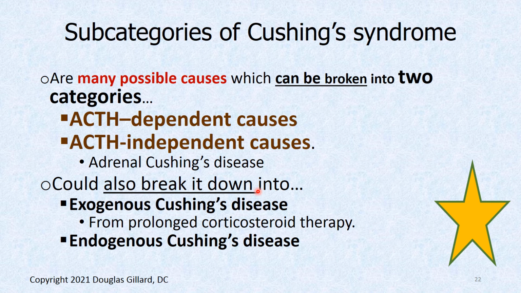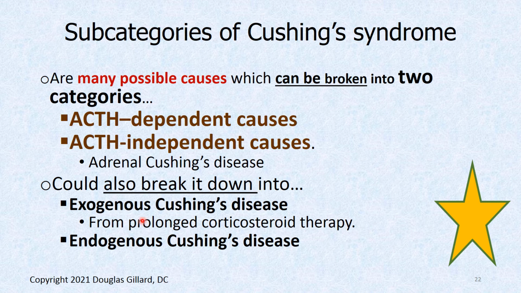ACTH-dependent means ACTH is driving the condition. Nothing wrong with adrenal glands. ACTH-independent means the adrenal glands are screwed up and they don't care about ACTH. It's the adrenal glands over-secreting cortisol, independent of ACTH. ACTH doesn't have anything to do with it.